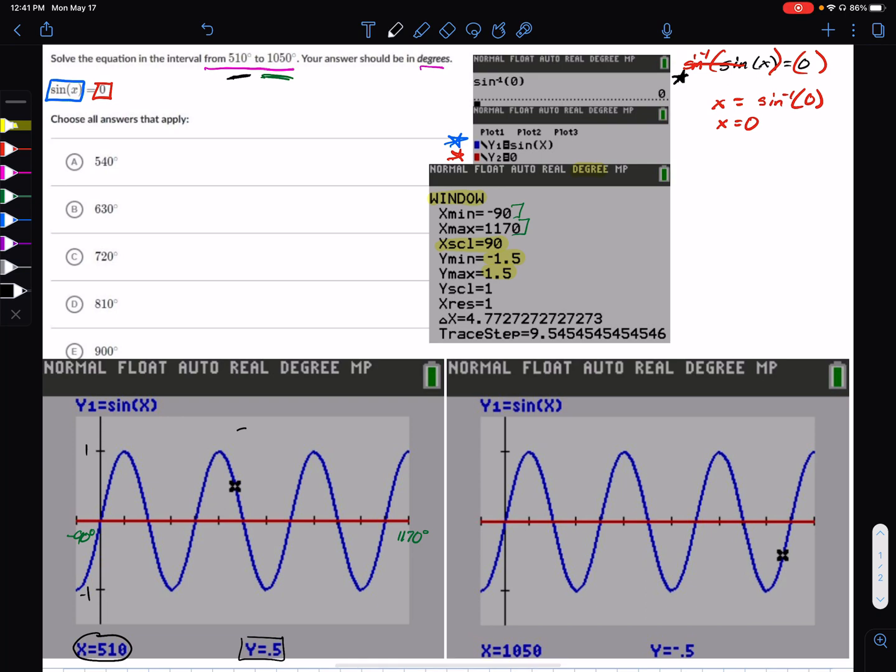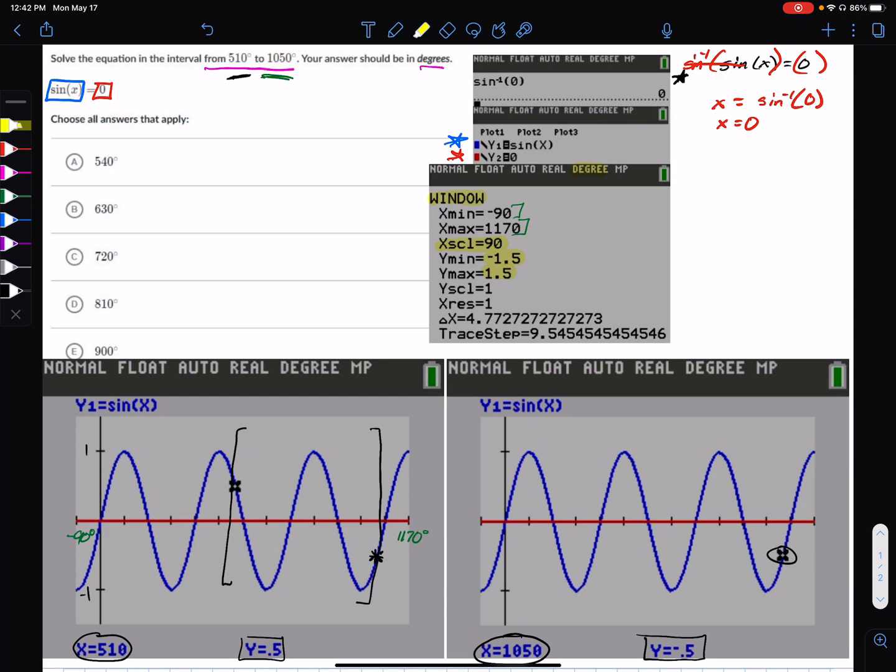So we're looking for all the intersections of the blue and red functions between 510 and 1050, where I traced and got negative 0.5. I wish I could do this all in one graph, so I'm going to transfer that cursor to the graph on the left.